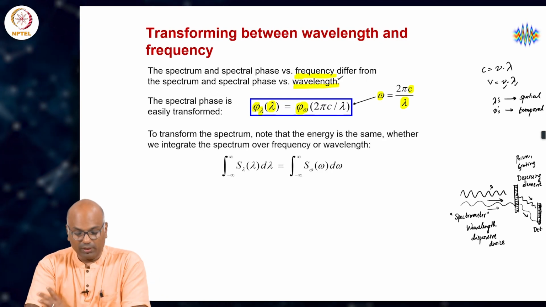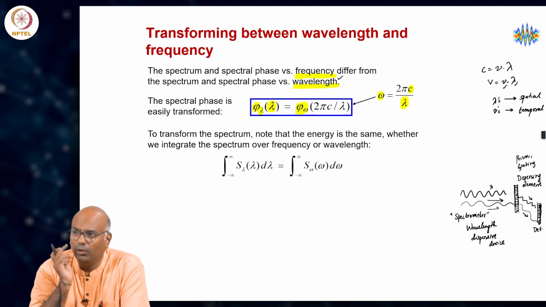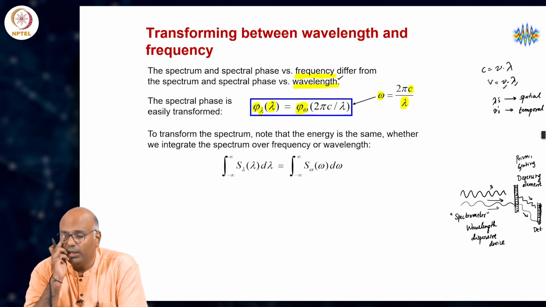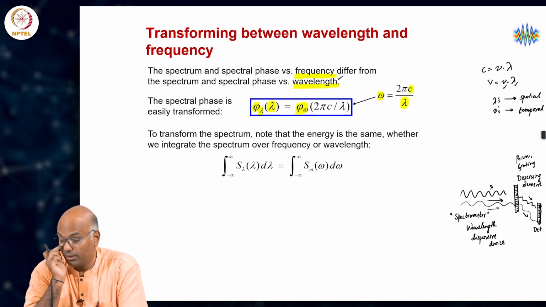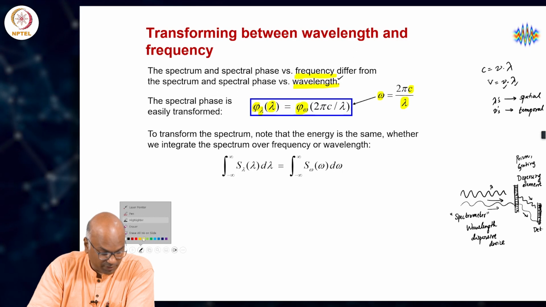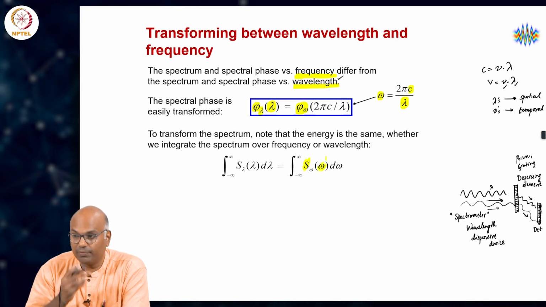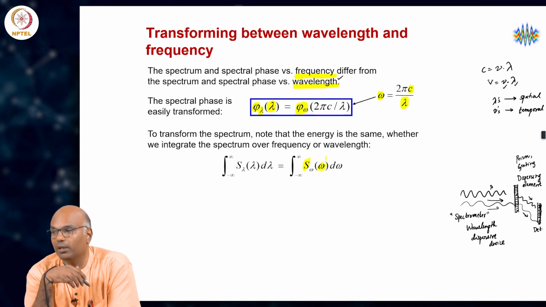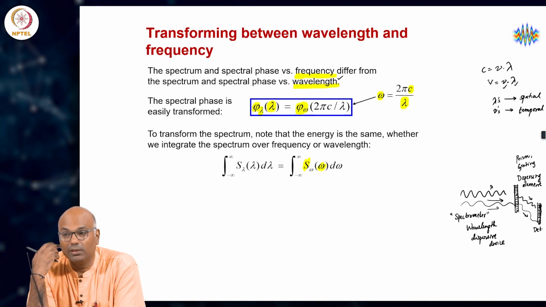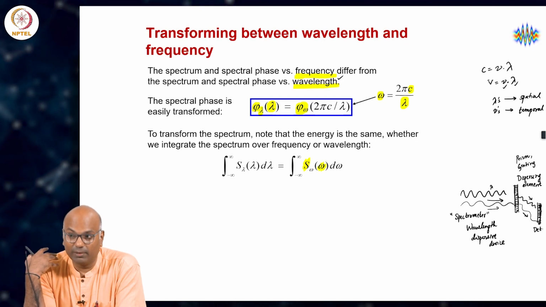Now the whole point of all this is the following. We have described the pulse in terms of S of omega. The spectrum of the pulse is S of omega, because we think of the pulse in terms of time, not in terms of spatial variables.